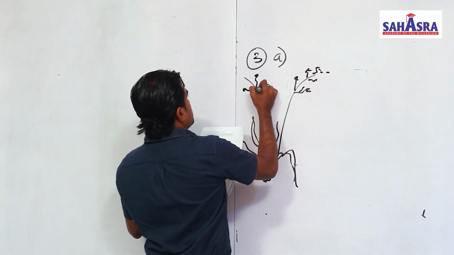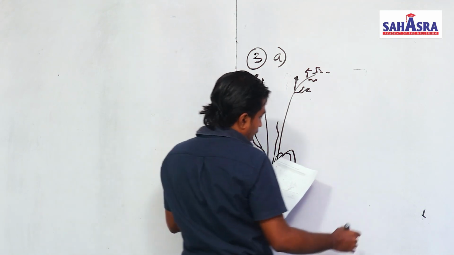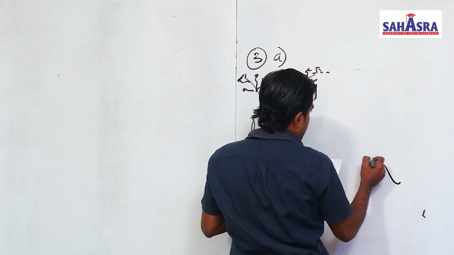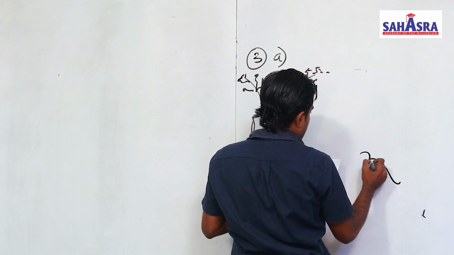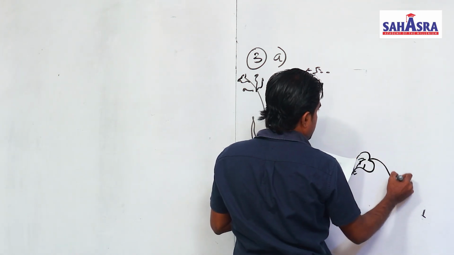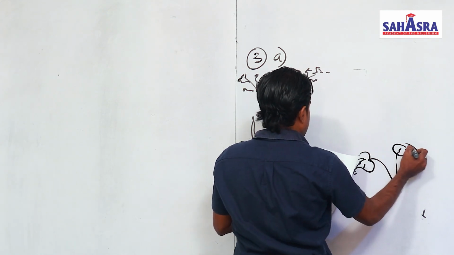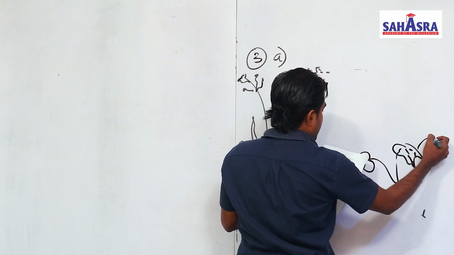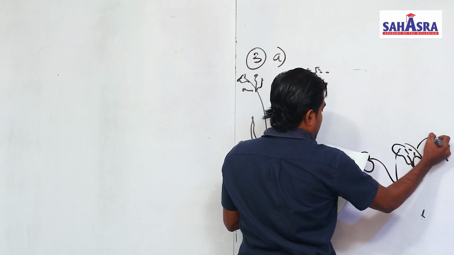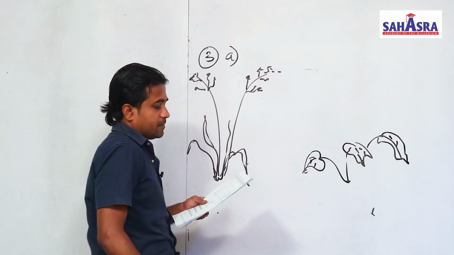Like this. And the next plant looks like this one. Definitely you have to identify that these plants are 2 types.